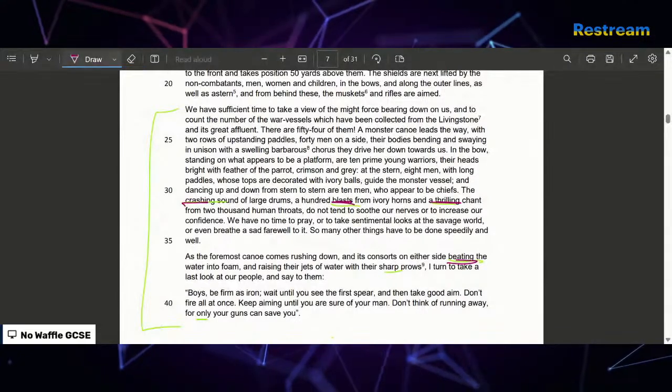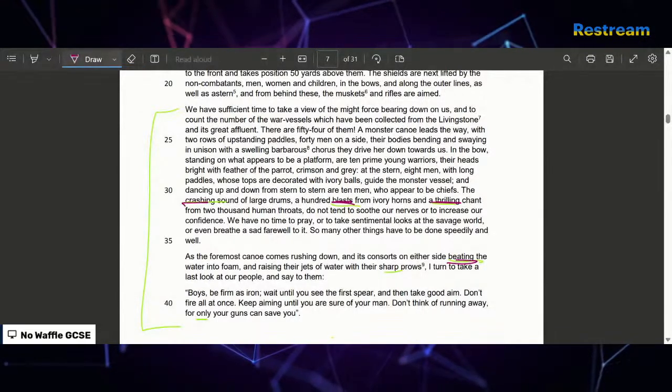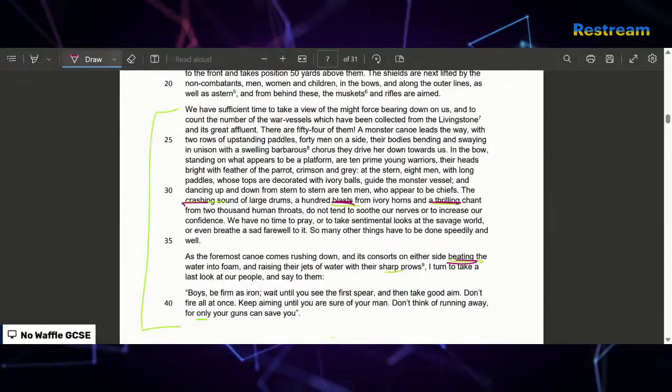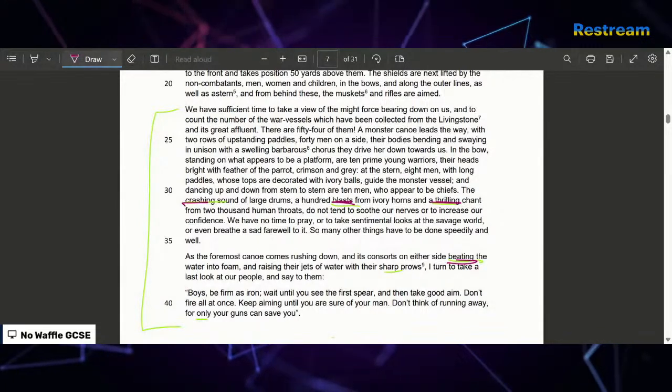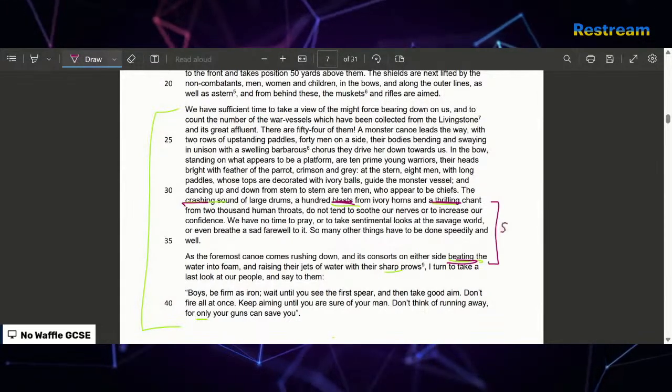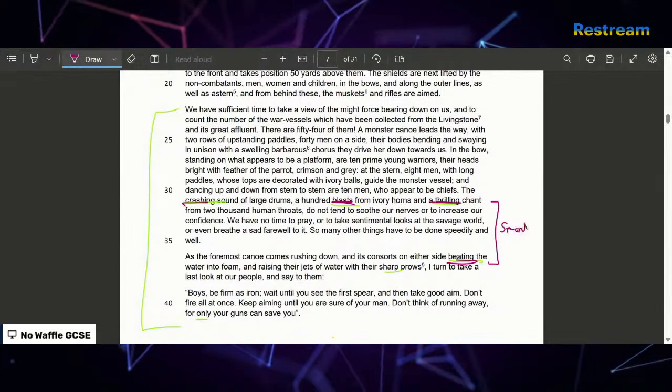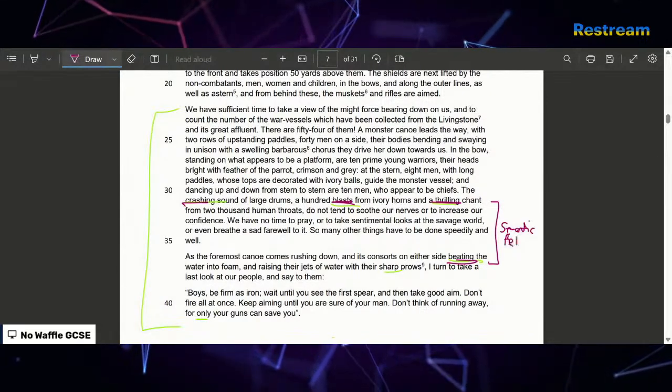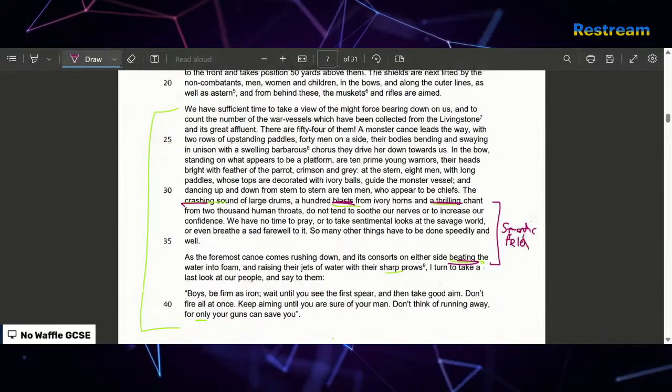These verbs all have a sense of violence: crashing, blast, beating. So this is a semantic field. Sorry, my handwriting is very bad on the screen, but hopefully you can hear me. So, semantic field of violent verbs.